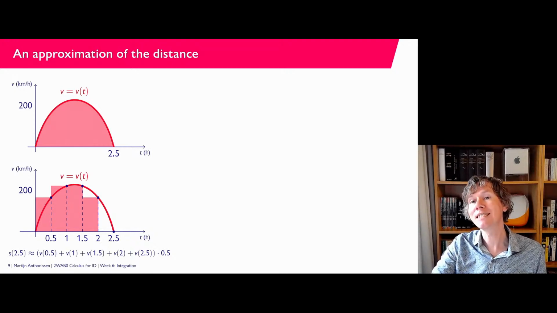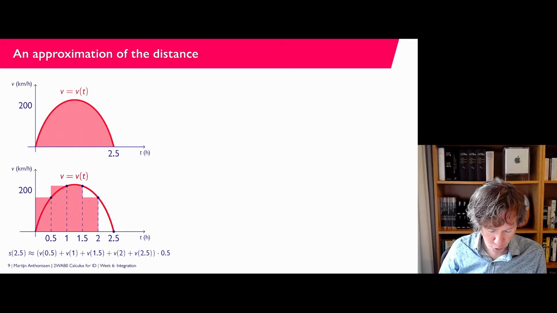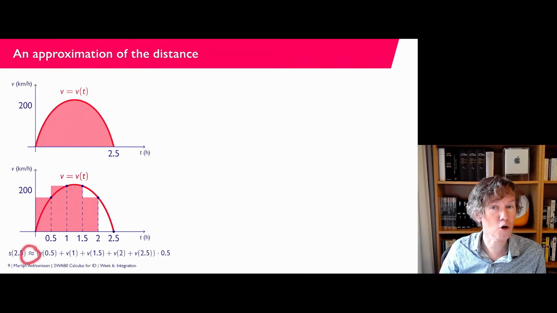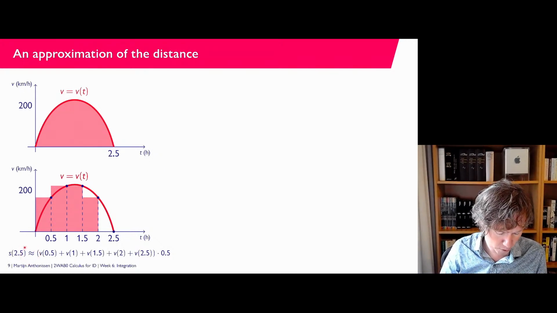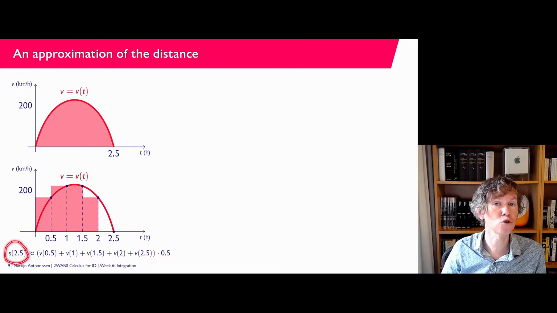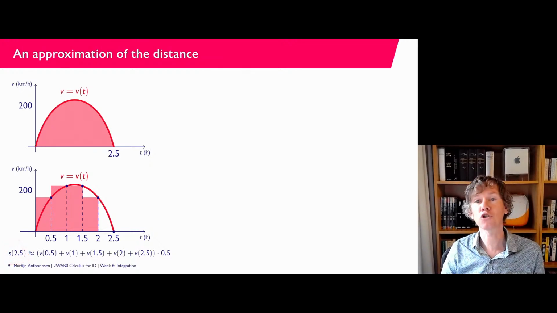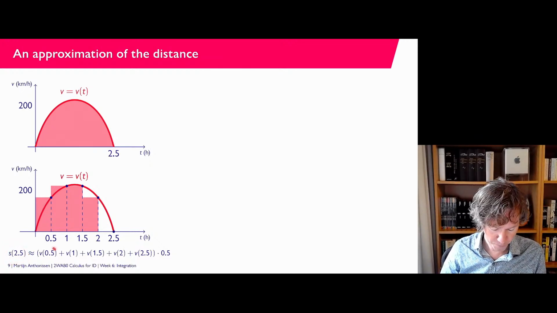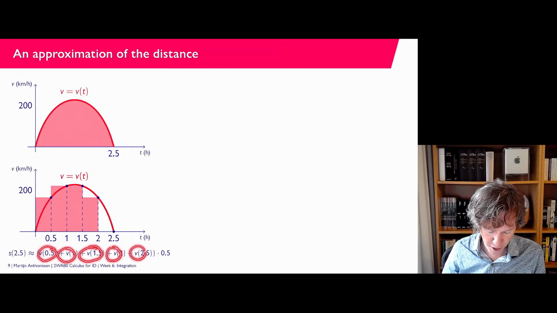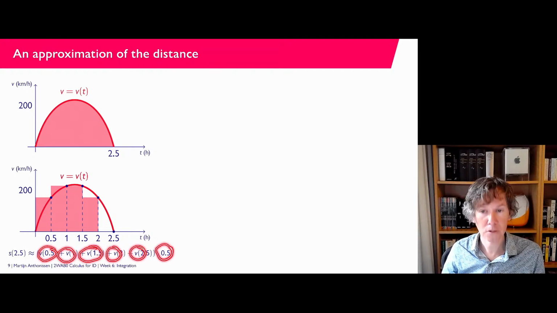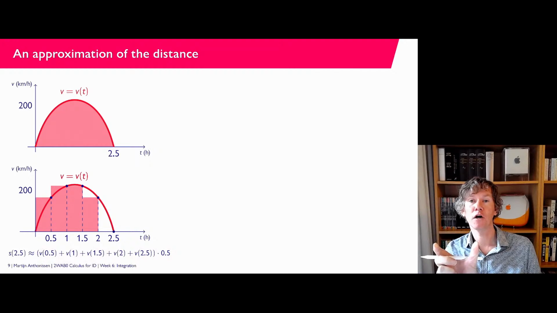So the complete distance that you have traveled is approximately equal to, so how much we have traveled after 2.5 hours is approximately the velocity after half an hour plus the velocity after 1 hour, 1.5 hours, 2 hours, 2.5 hours, times the amount of time.